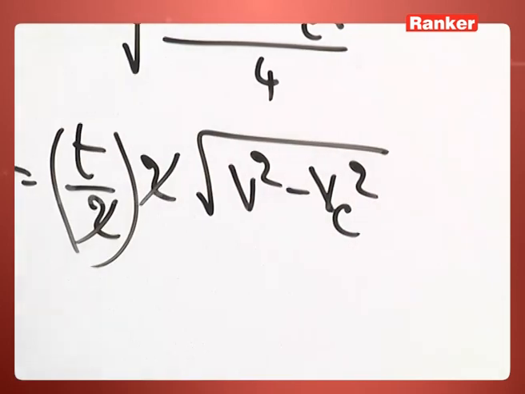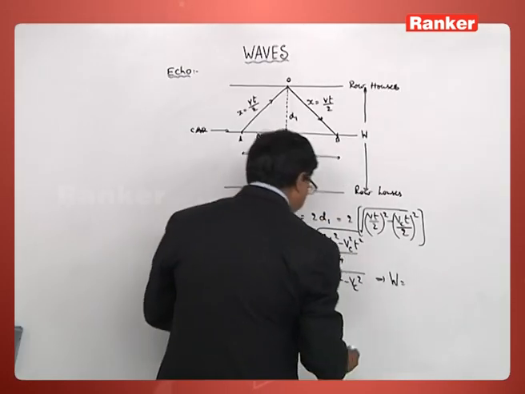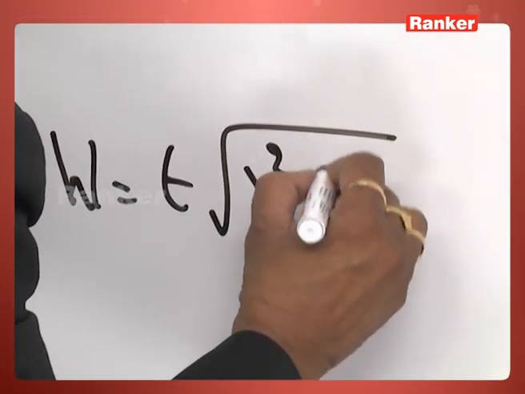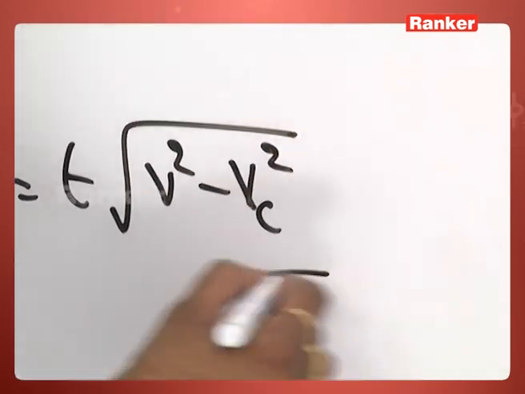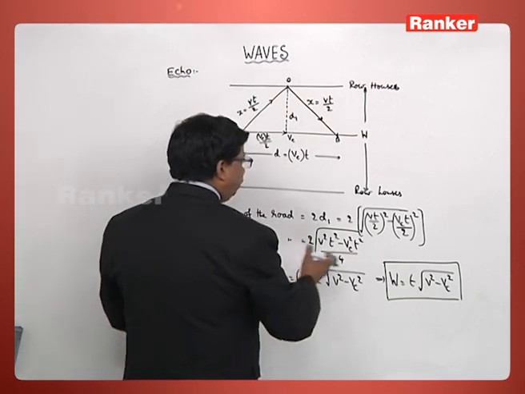This 2 gets cancelled, so what will now be left over? The width of the road will now be T root V square minus Vc square. This is the formula. What is what in it?